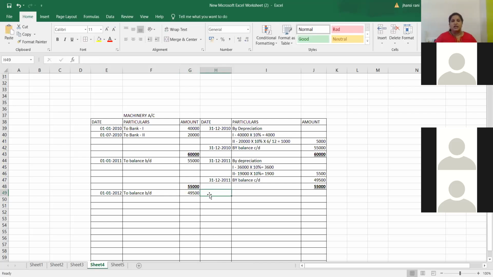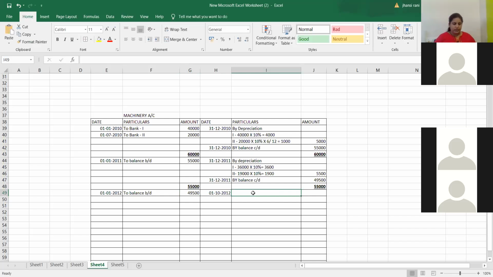Whenever we sell the machine, what is our entry? Bank account debit to machinery account.